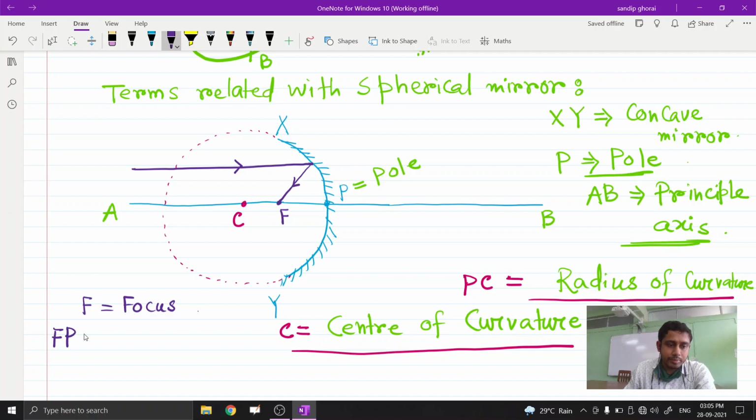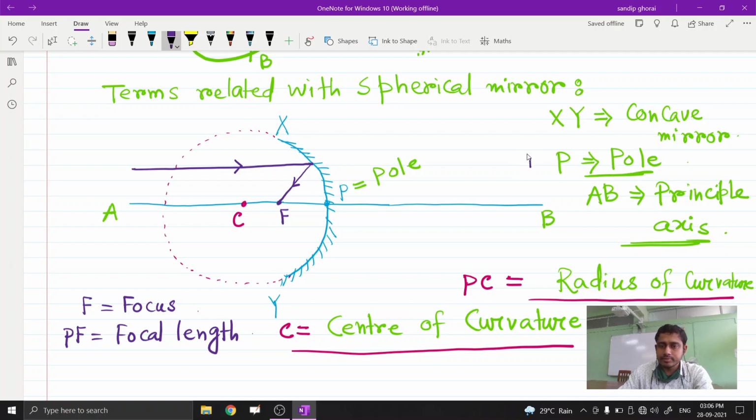That means FP is called focal length. We can say distance is always calculated from the pole, so the distance from pole to focus, PF, is called focal length. Here we already know a total of 6 terms.